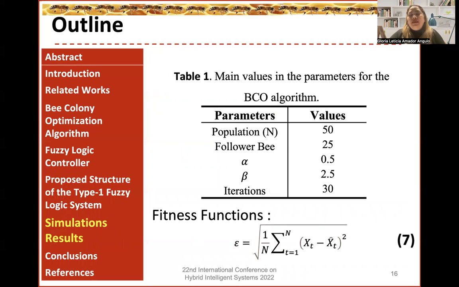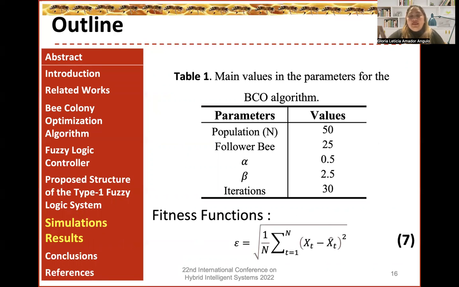Table 1 shows the main parameter values for the Bee Colony Optimization algorithm, for example the population, the follower bees, the alpha, the beta, and the iterations.